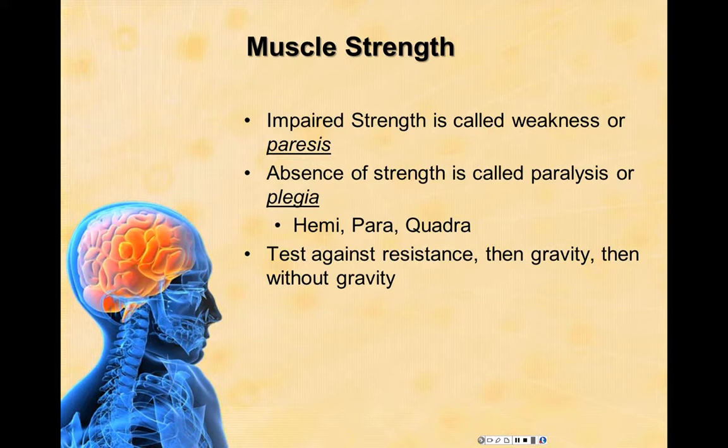So remember the terms hemiplegia, paraplegia, quadriplegia, meaning absence of strength, or paralysis, either in half or all of the body. And hemiparesis means a weakness, so they would have weakness in one side of the body. We're going to test strength against resistance, then against gravity, and then without gravity by passive movement.